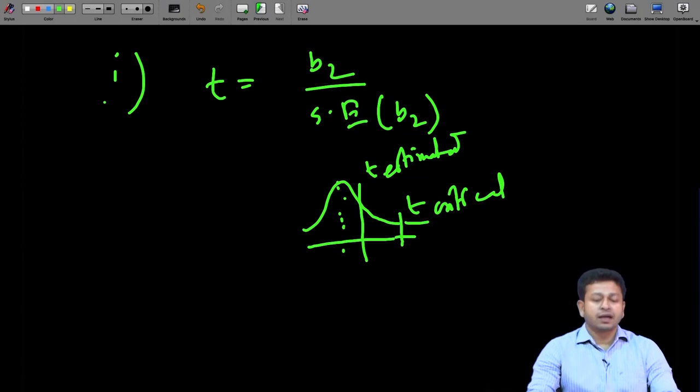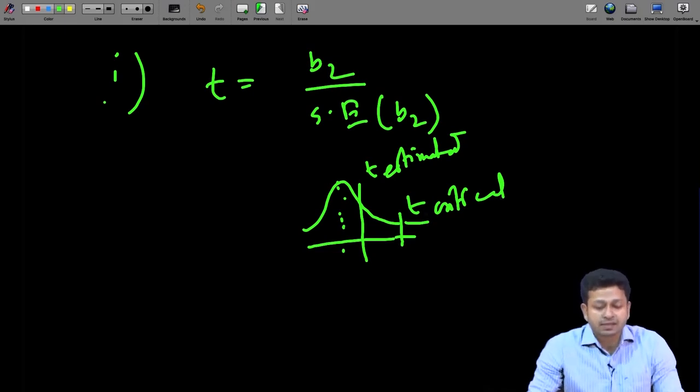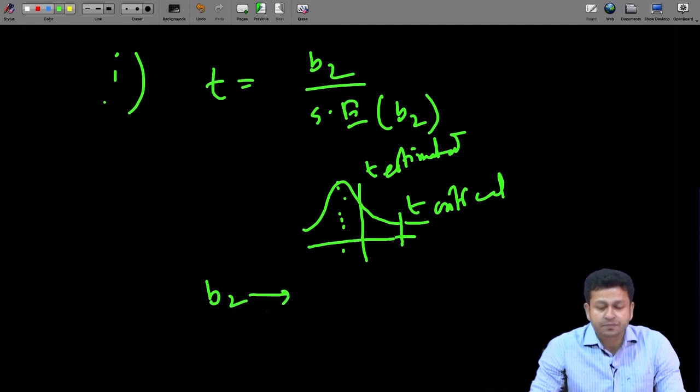So my beta coefficient, the corresponding B2, is going to be insignificant.